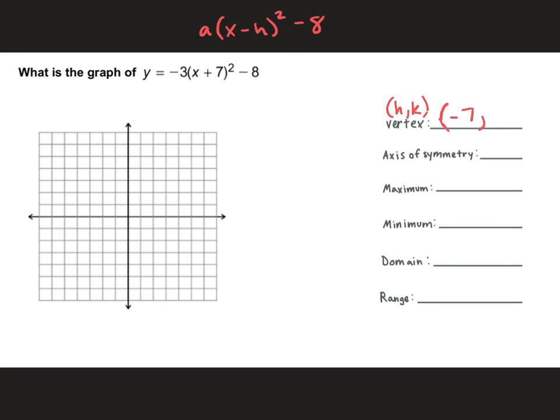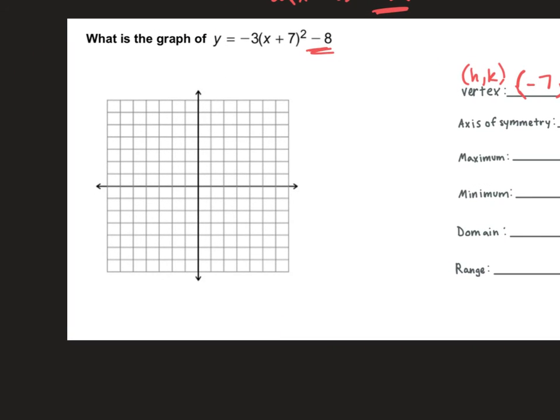Negative 7. Kaylee, what's our k? So if k is what's being added or subtracted at the end, what's being added or subtracted at the end here? Negative 8. Perfect. So our vertex is at negative 7, negative 8. So that's going to be off of our graph a little bit here, but it's fine.